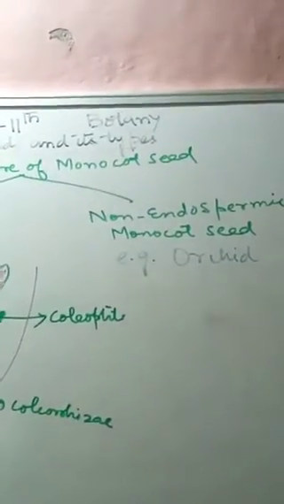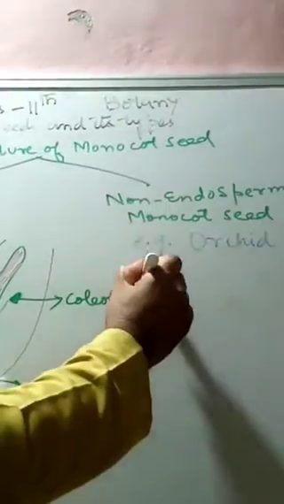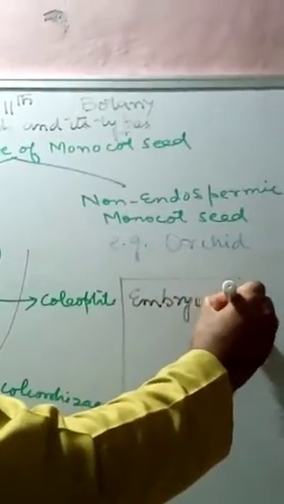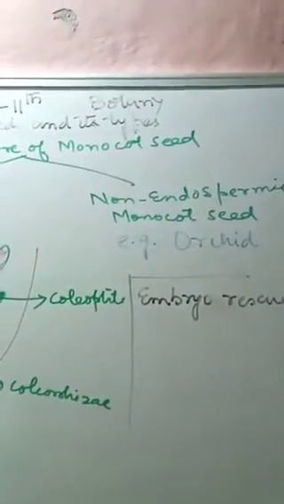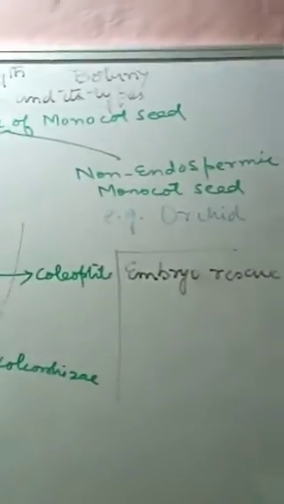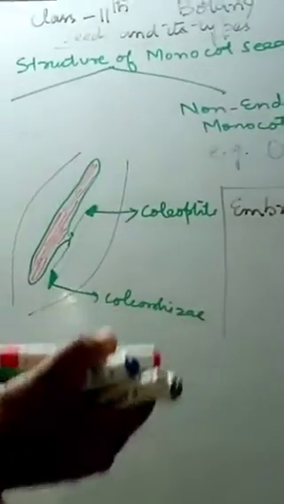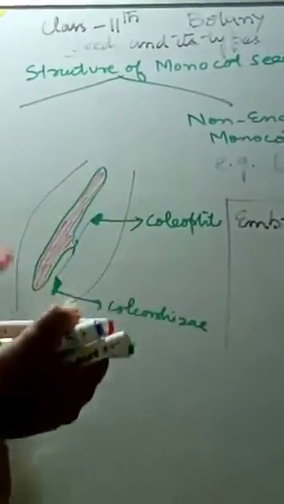Now, when you study tissue culture, there we have a technique called embryo rescue. Rescue means bachana, to save. Same is the case here in tissue culture: how we can save this embryo, because it does not naturally have food.